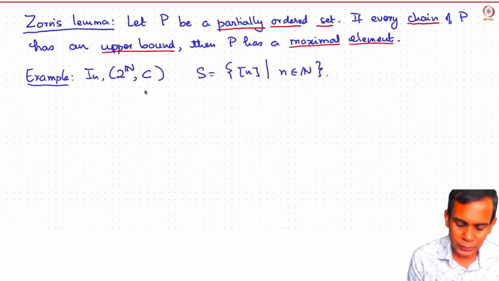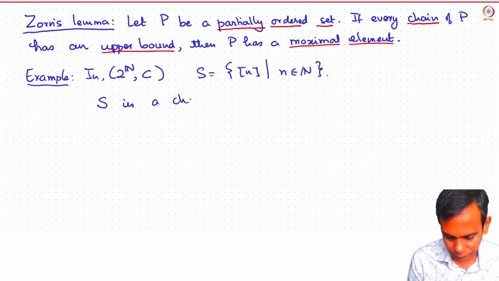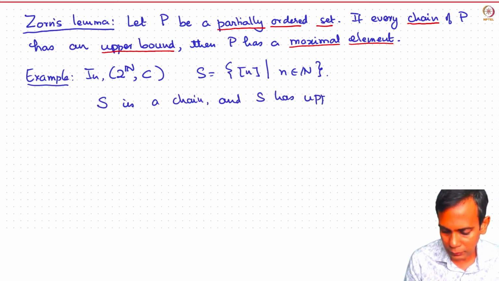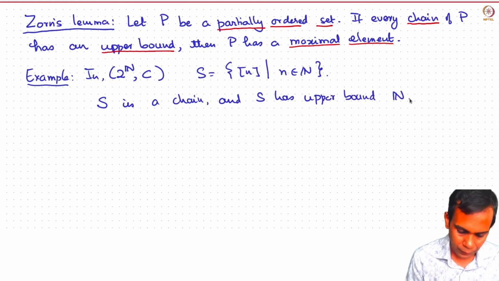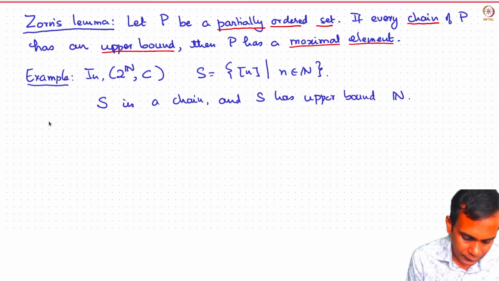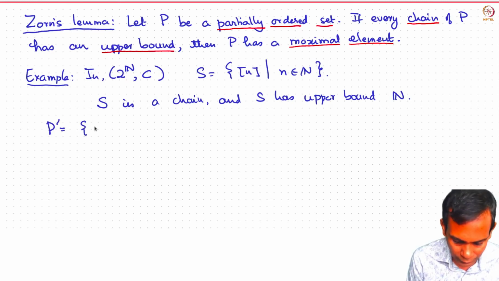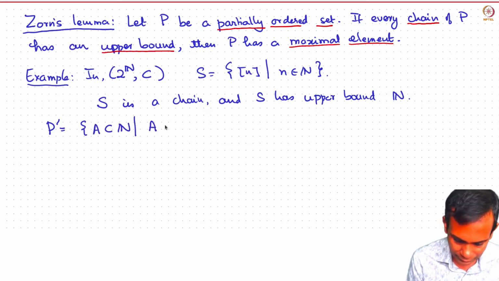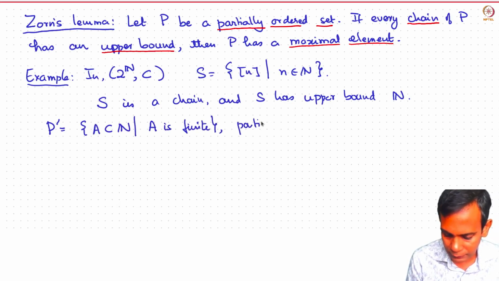Okay, so of course this is a chain, and S has upper bound N. But let's look now at P prime to be the set of all finite subsets of N. So let's look at all sets A, a subset of N, such that A is finite, partially ordered by containment.